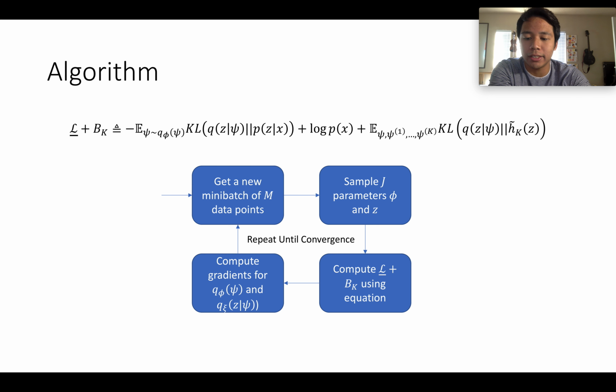Using these sample values and the m data points, we compute the lower bound to the ELBO that we described earlier as a function of the parameter values of the implicit distribution q phi psi and q psi z given psi, the explicit distribution. Using this, we can now compute gradients with respect to the parameters psi and phi and update them accordingly. We can repeat this procedure until all parameters have converged.